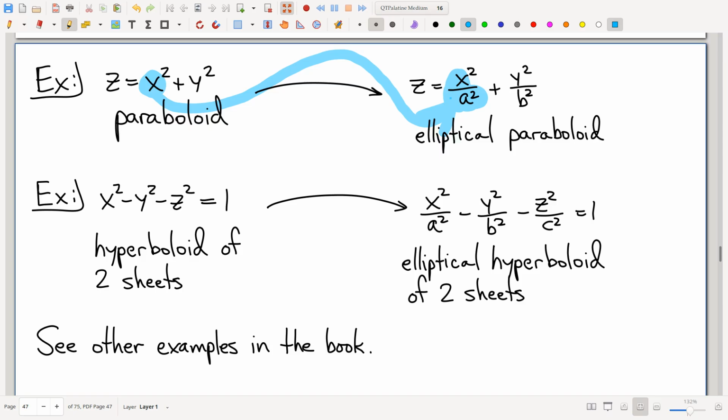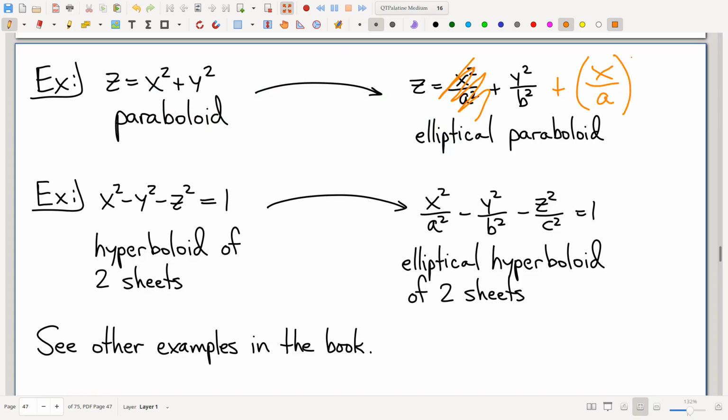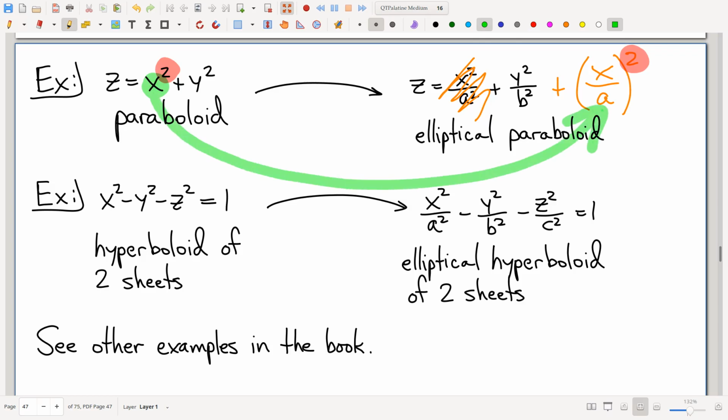That's not how it works. Let me write this out a little bit differently. I'm going to rewrite that term over here as x over a, quantity squared. And the point is, the squaring happens to x, and so the squaring also happens to whatever you replace x with.